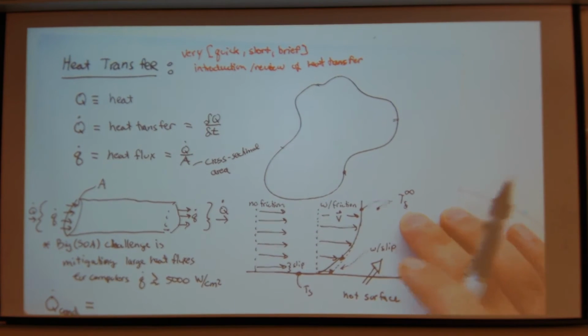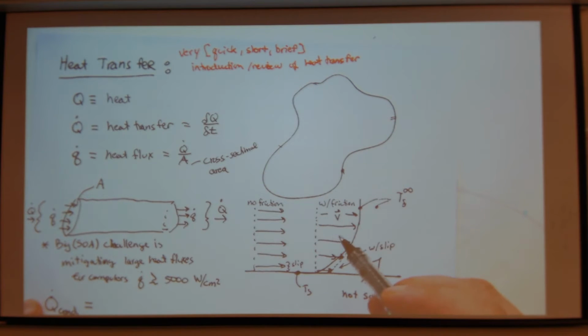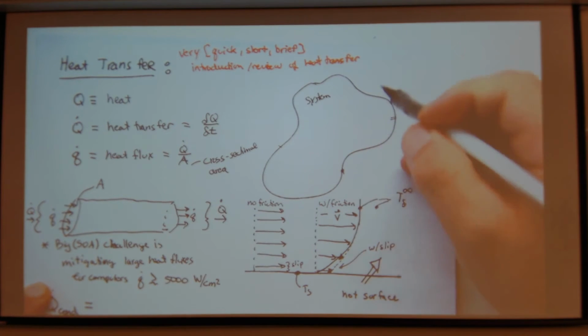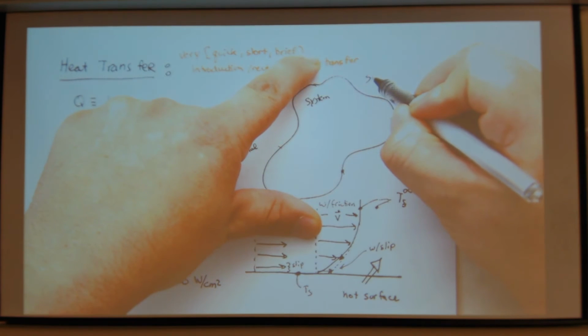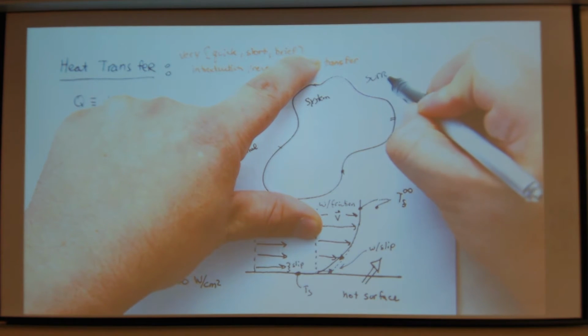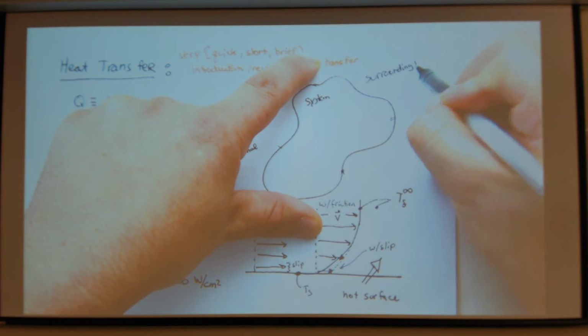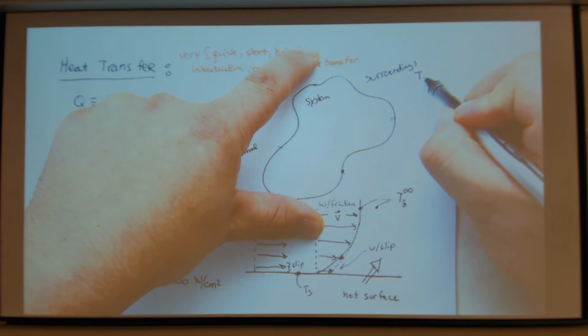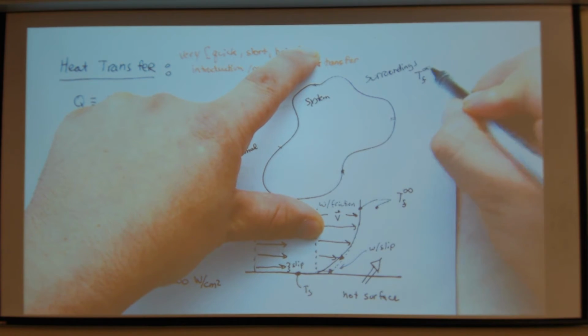But what I'm going to do is just draw my system as some blob, and I have some surroundings. There's a surrounding temperature.